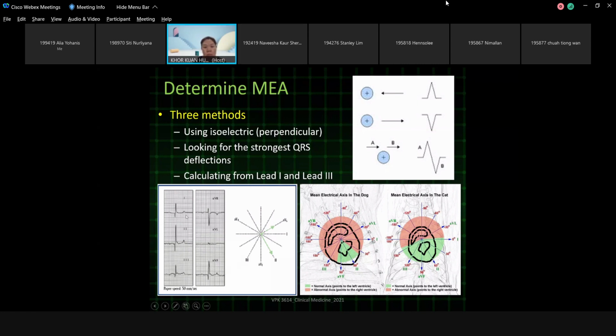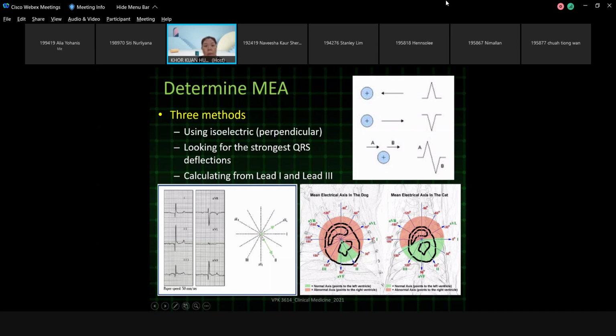In these 6 traces, AVL. If you look at the hexagonal that I introduced the other day, we know AVR, AVL, AVF, lead 1, lead 2, lead 3. Isoelectric here, so perpendicular to AVL. So the mean electrical axis is lead 2. Perpendicular means 90 degrees.